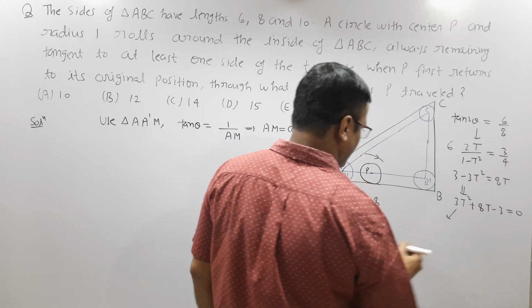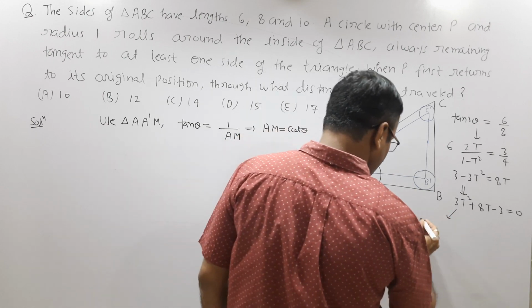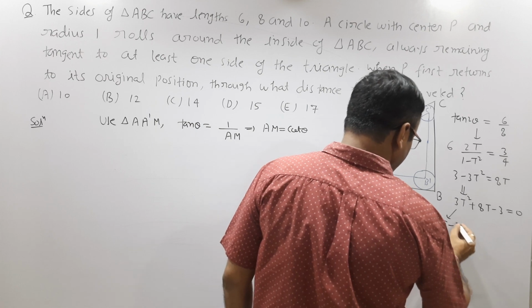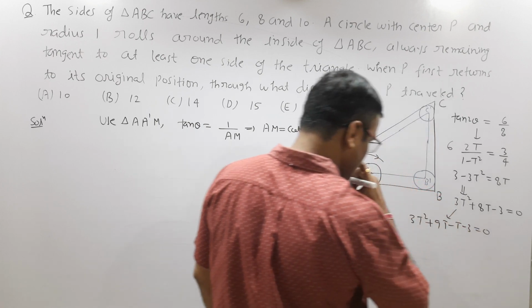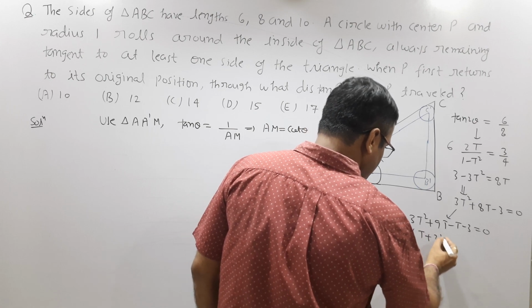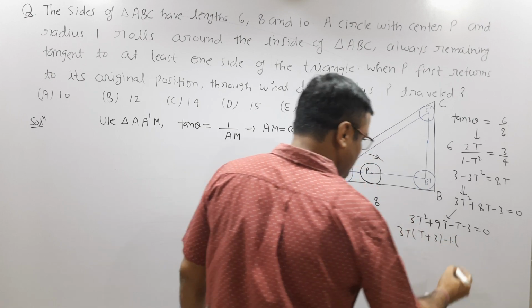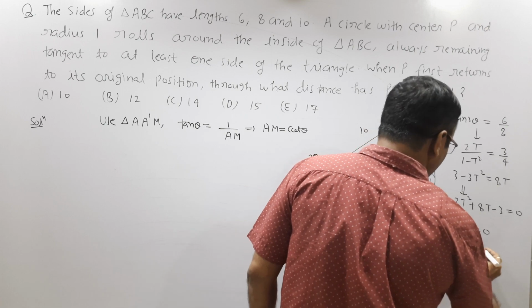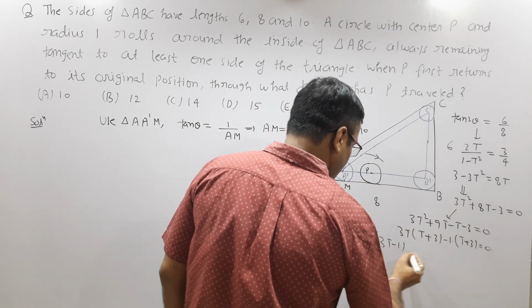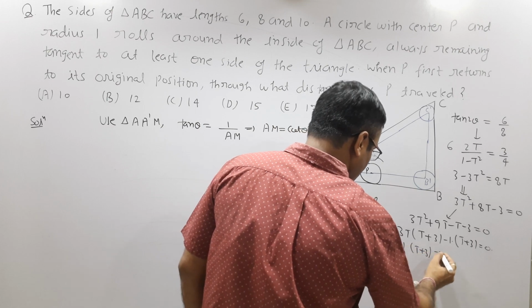So we can factorize this quadratic using the midterm splitting method: 3t square plus 9t minus t minus 3. I think here we can take 3t as common, t plus 3, and take minus 1 as common, t plus 3. Okay, so the factors are 3t minus 1 and t plus 3.